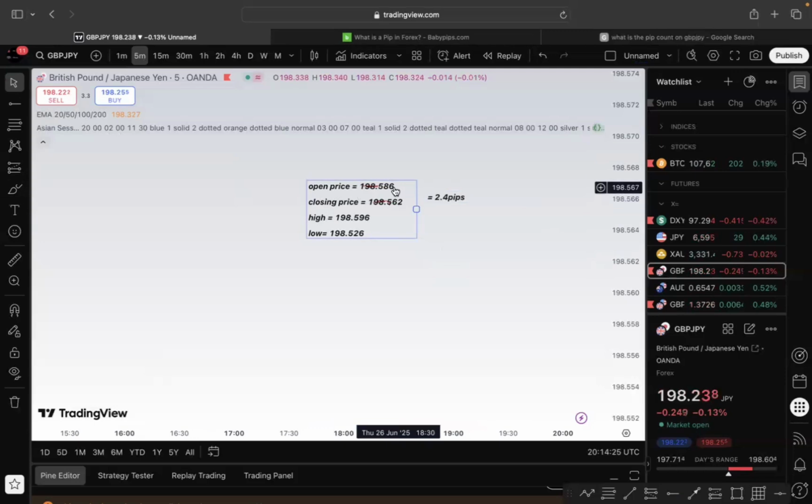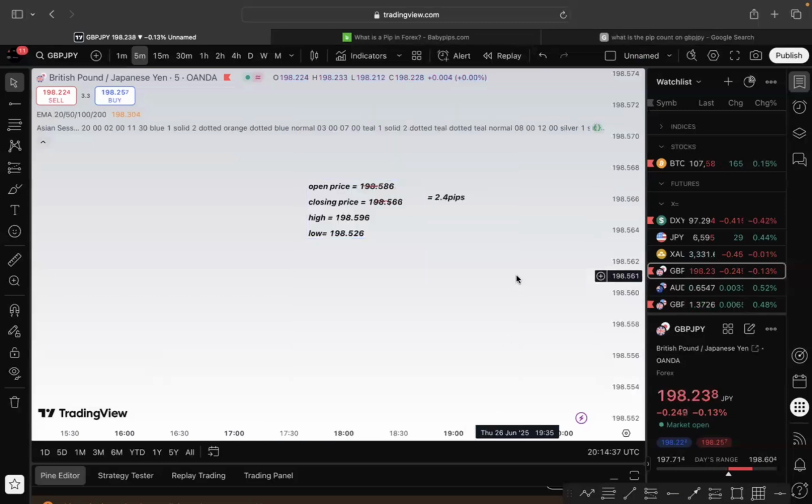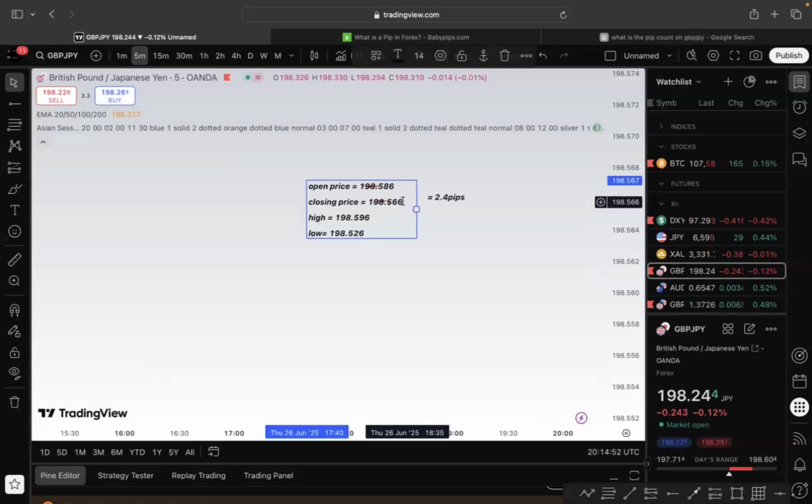However, the pipettes, or the decimal place after your pip count, is not the same. Initially, when it was 66, 86 minus 66 gives you 20, which is 2 pips. But right now the decimal place is not the same, it's now maybe 64.